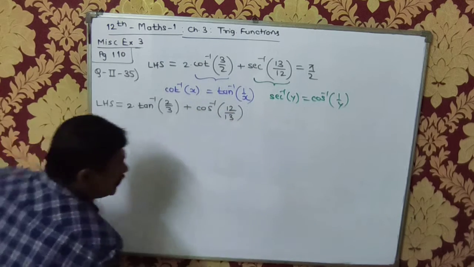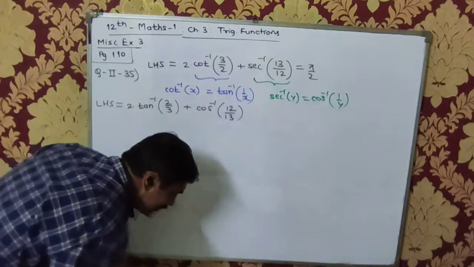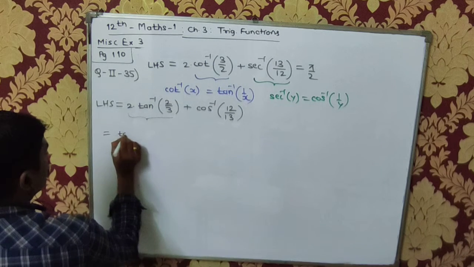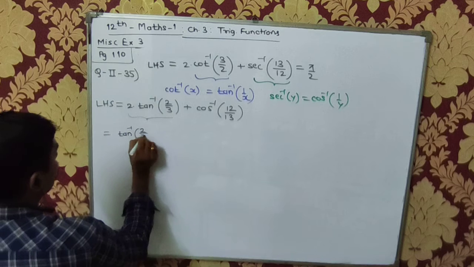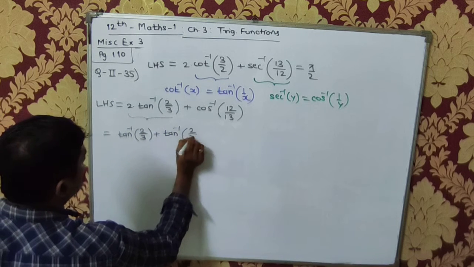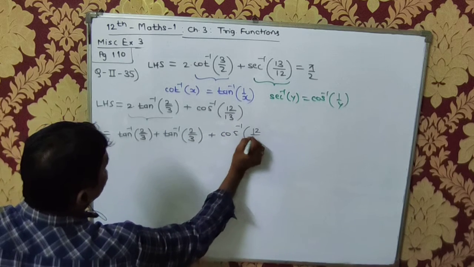I hope this is clear to you. Check if it is clear. Now I will split this 2 tan inverse. This 2 tan inverse is split as tan inverse of 2 by 3 plus tan inverse of 2 by 3 plus cos inverse of 12 by 13 as it is.